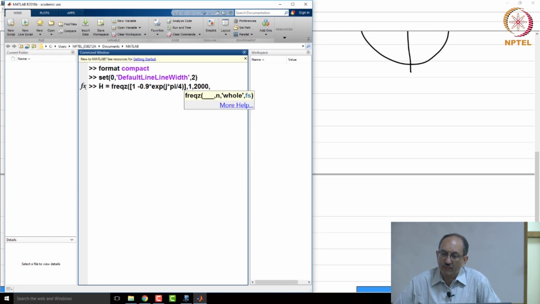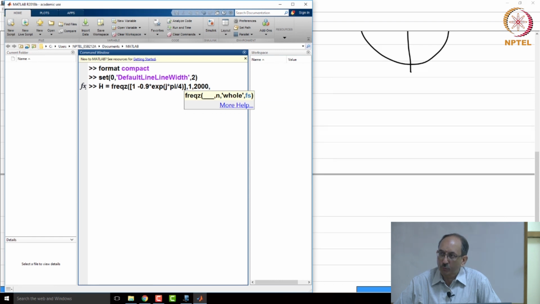In general, freqz assumes that b comma a are real valued. So, if you do not give any additional argument, it will evaluate the frequency response at 2000 points from 0 to pi, because it will assume b and a are real valued, whereas in this case we have complex 0, and hence we want to evaluate the frequency response from 0 to 2 pi.